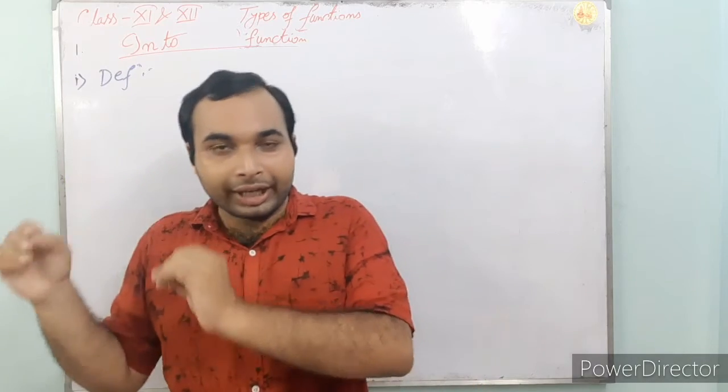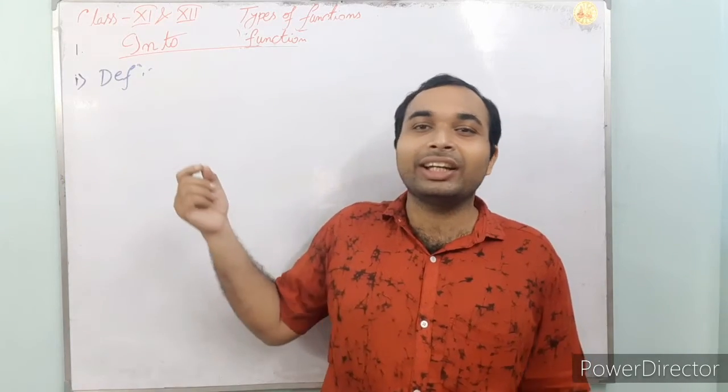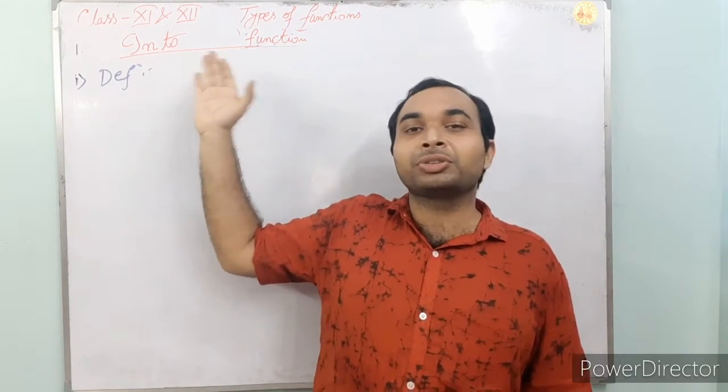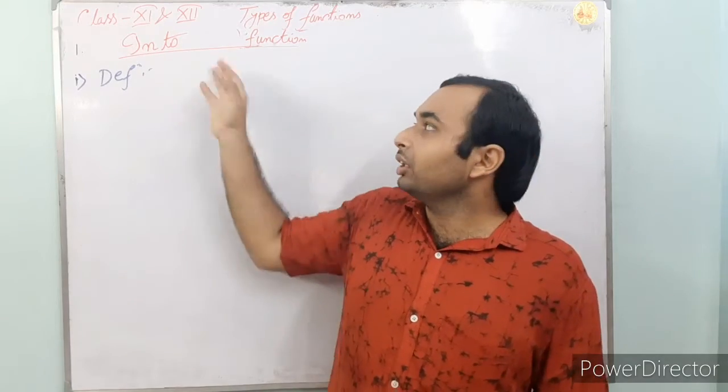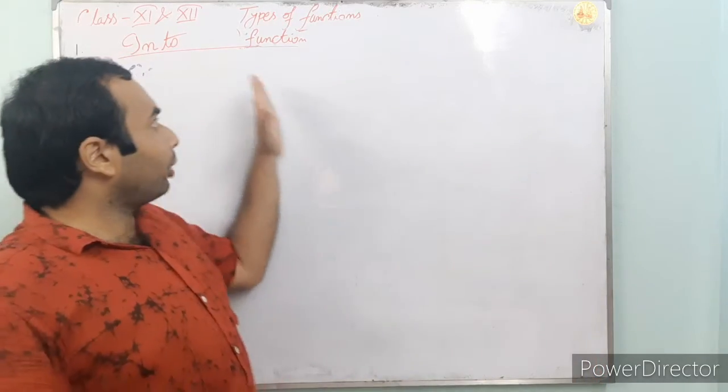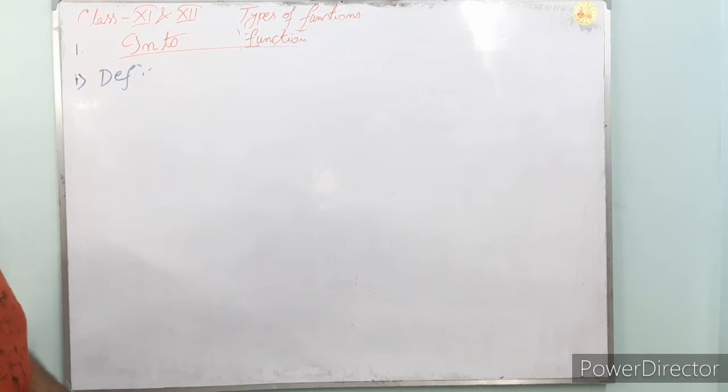Students, our next function is the into function. Actually, I have made a slight mistake there, this function should have come first. Okay, whatever. Into function, from the name only you can see it.